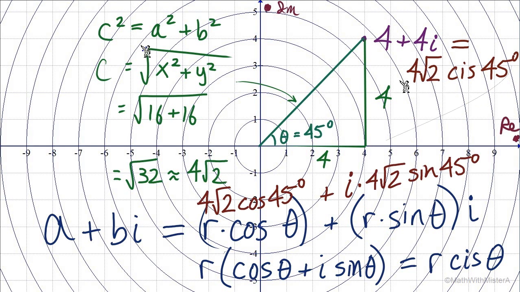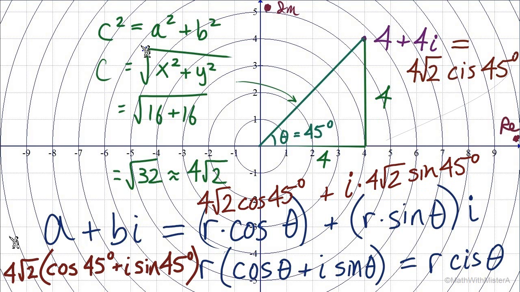But understand that this means 4 radical 2 times cosine 45 degrees is the horizontal, the real part. 4 radical 2 times sine 45 degrees is the vertical part, the coefficient of i. Writing it with the r factored out front, 4 radical 2 times cosine 45 degrees plus i sine 45 degrees. And understand, this is just another representation of the complex number 4 plus 4i. They are totally equivalent numbers, just written using different notation.